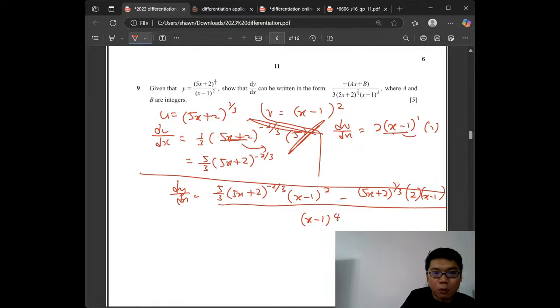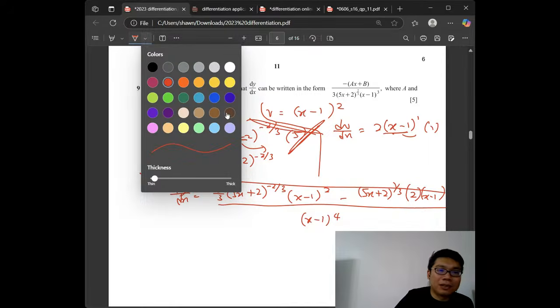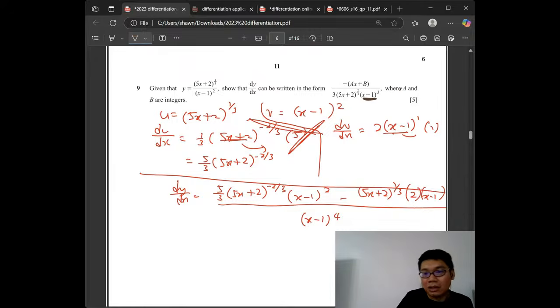So it becomes x minus 1 power 4. They already give you some hints. The question says the denominator should be (x minus 1) power 3. We found that here we have x minus 1, and here we have (x minus 1) power 2. So we can factorize out x minus 1 and then simplify like this.